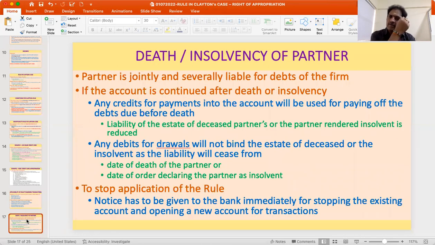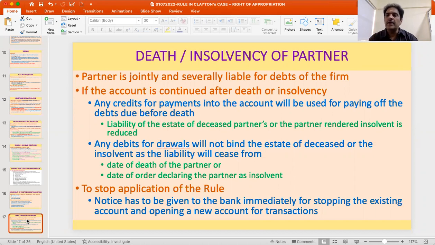So first, in case of death or insolvency, the partner is jointly and severally liable for the debts of the firm. This is the general rule applicable under the Partnership Act. If the account is continued after the death or insolvency, any credits or payments into the account will be used for paying off the debts due before death.